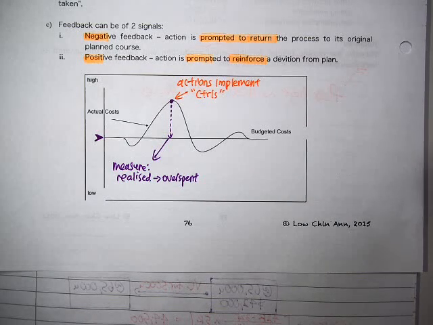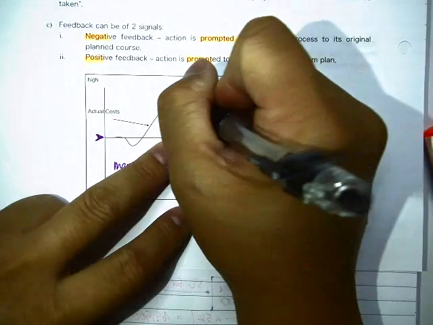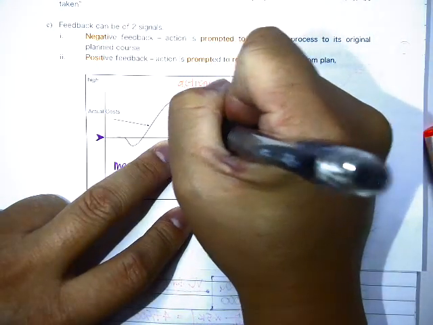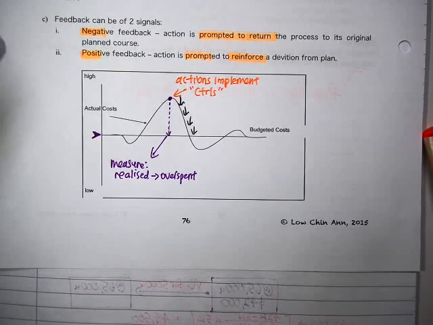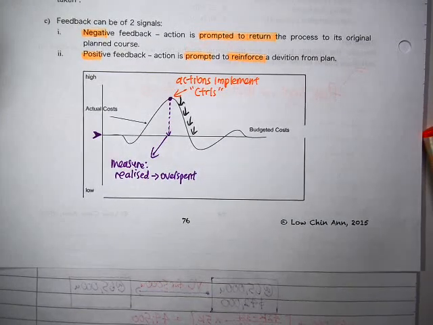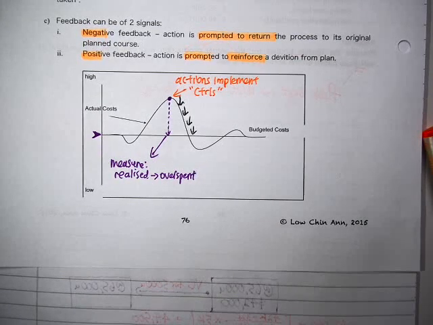But the nature of the control action is to bring the cost back to the target. Now all this is called what? Negative feedback control, because you want to reverse it. That's called a negative feedback control.